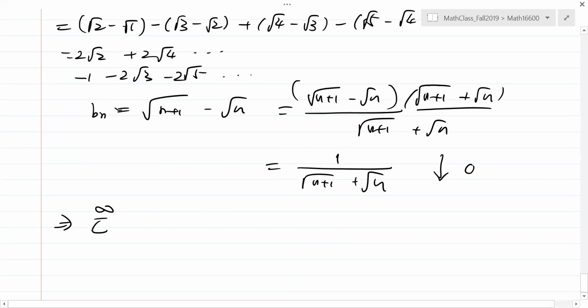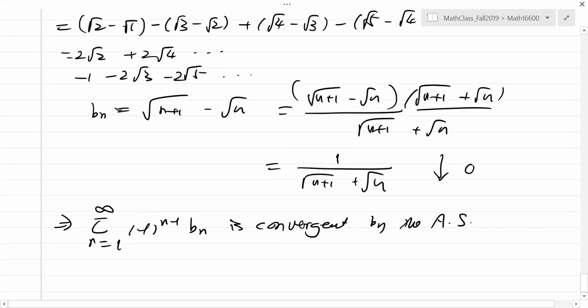Therefore, this is convergent by the alternating series test.